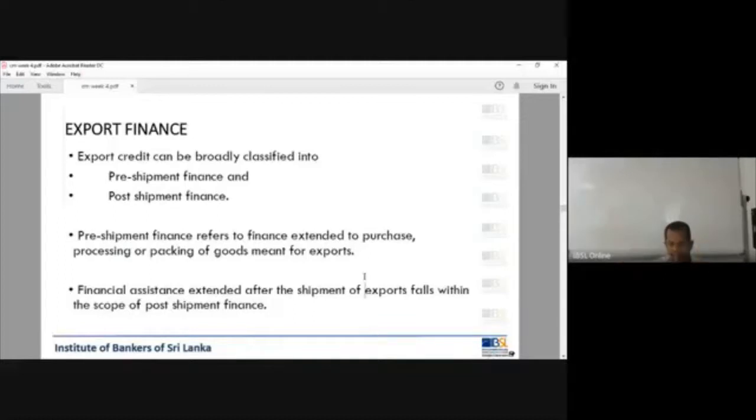Right? So that period, we can't wait. Business has to run. Administration overheads need to settle. Monthly interest has to be paid. So the exporter needs money. So we give him money again. So that part is called post-export finance or e-bill purchasing. Right?